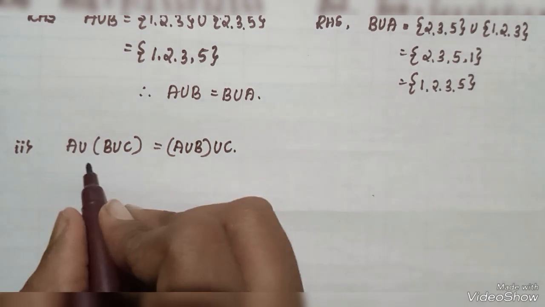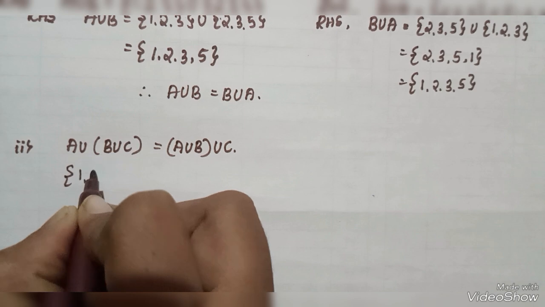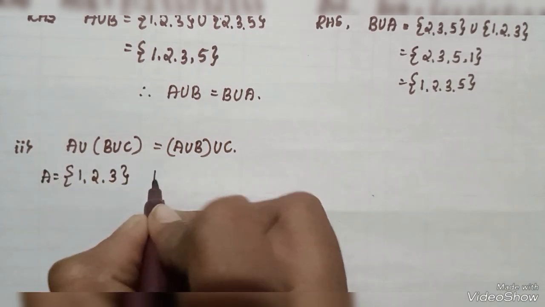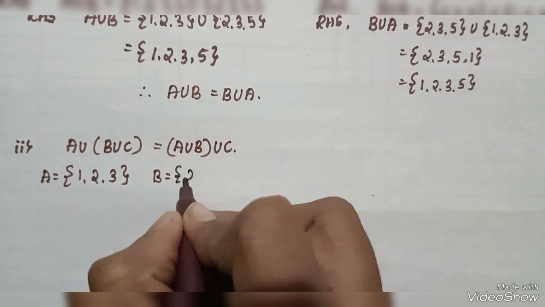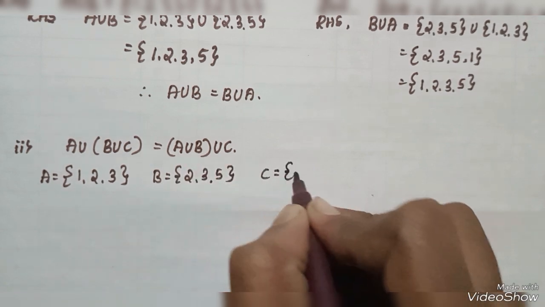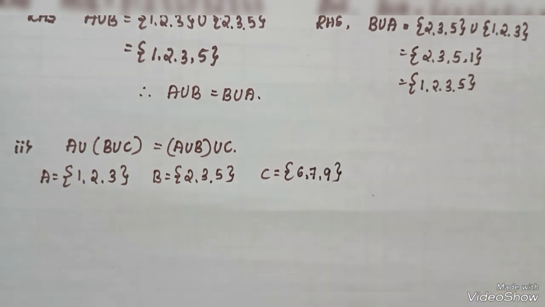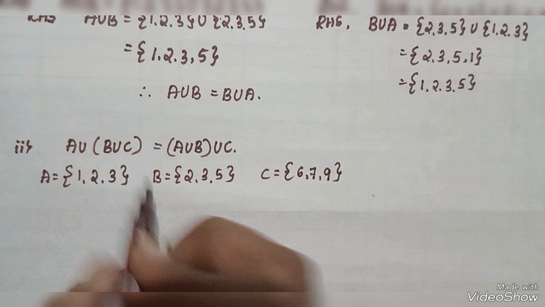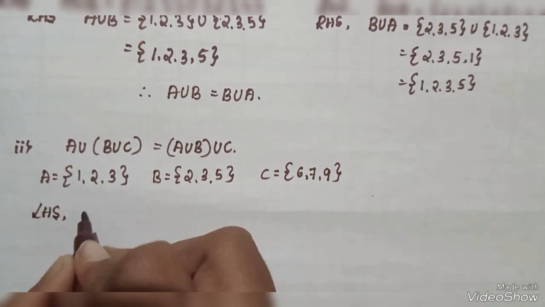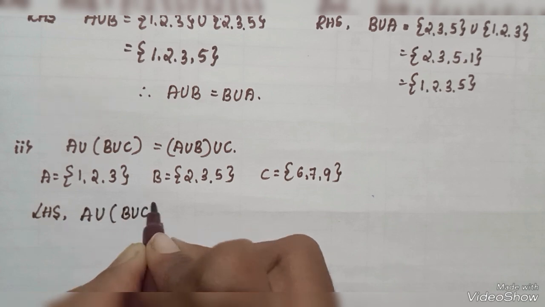Here I am considering 3 sets: A containing the elements 1, 2, 3, B containing the elements 2, 3, 5, and C containing the elements 6, 7, 9. Now, first I consider the LHS part, that is A union (B union C).